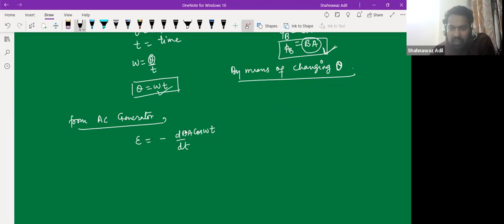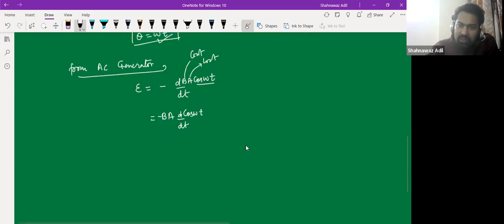And we know that this magnetic field is constant. This is a constant, and this is changing with time. So this is variable. So BA we can take outside, and we have minus d by dt of cos omega t.